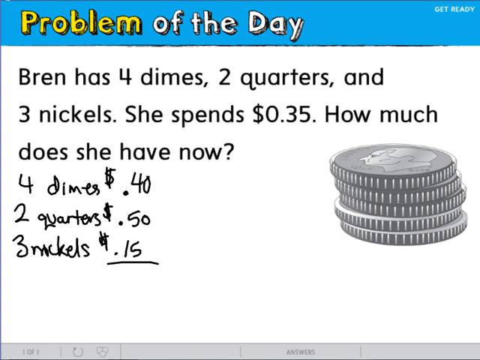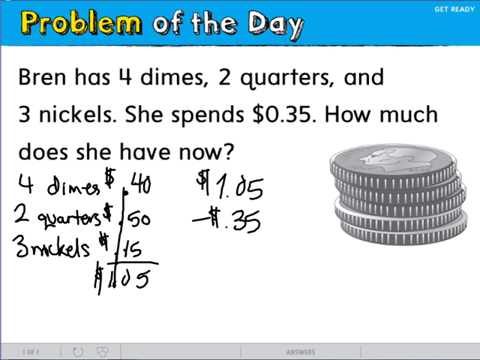0 plus 0 plus 5 is 5. 4 plus 5 is 9. Plus 1 is 7. And our decimal has to go straight down, right? So I have $1.05. And I'm going to subtract now 35 cents.